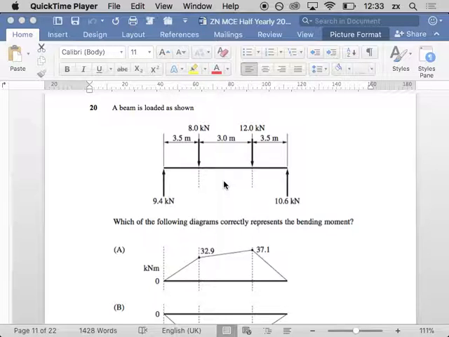Okay, finally we get to question 20. Okay, question 20. First of all, we're going to draw the shear force diagram. Okay, you don't have to draw the shear force diagram, but I'm going to draw the shear force diagram. That is the typical way, even for something that I knew was an easy design load, a design case.